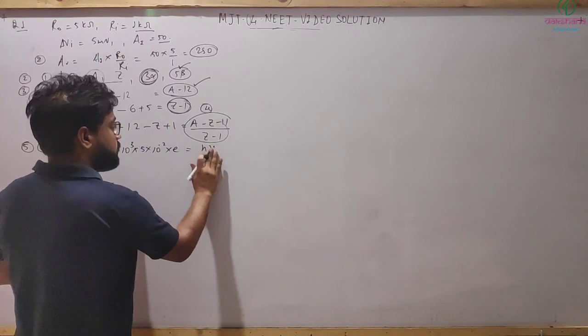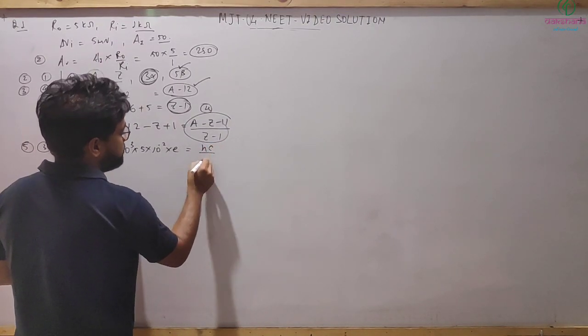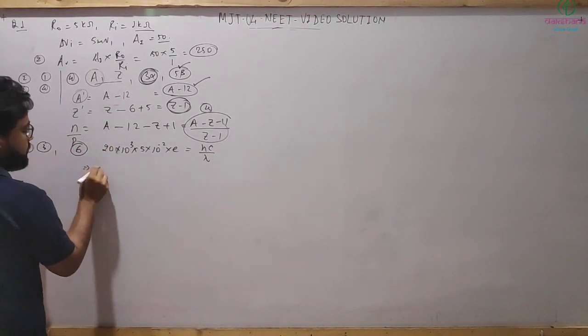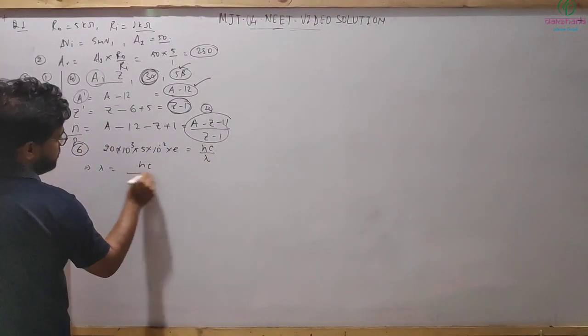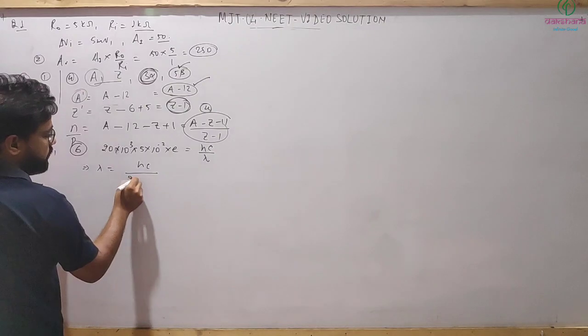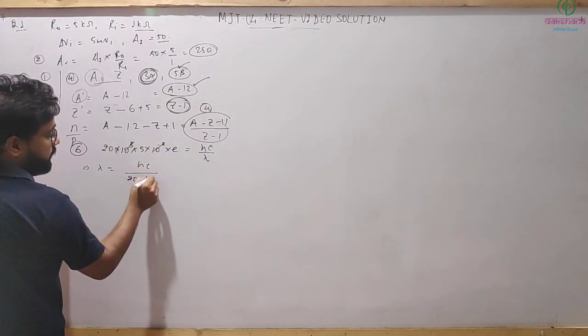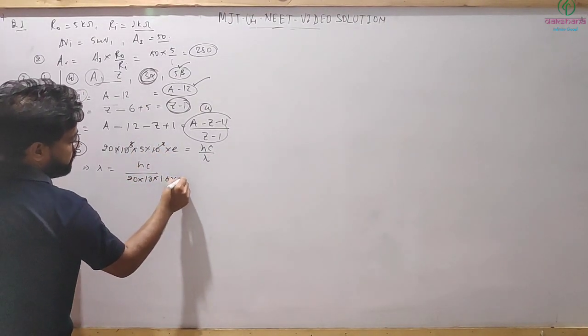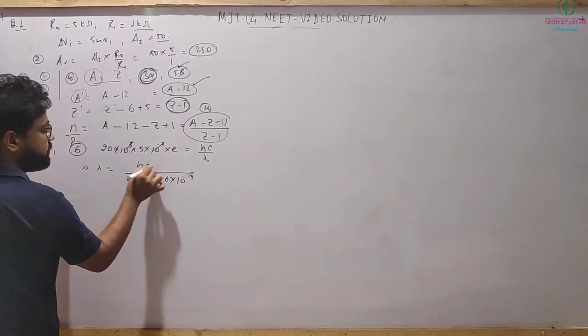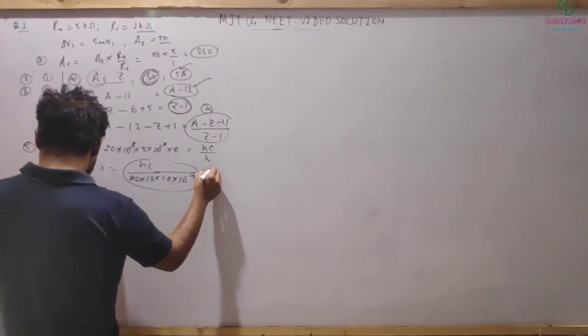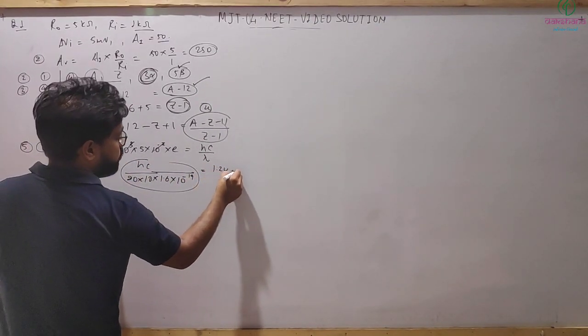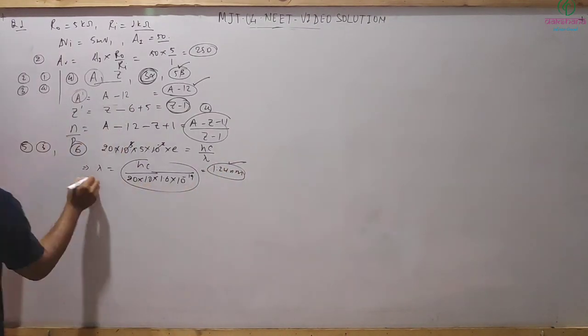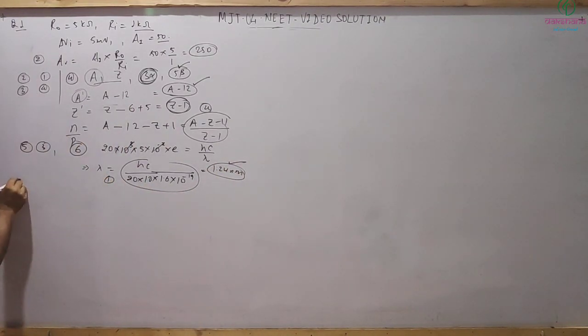We need to get the wavelength, hc by lambda. So this implies lambda is equal to hc divided by 20 into 10 into 1.6 into 10 to the power minus 19. Substituting values and solving, we get lambda is equal to 1.24 nanometer. This is the answer matching with option number 1. Question number 7.